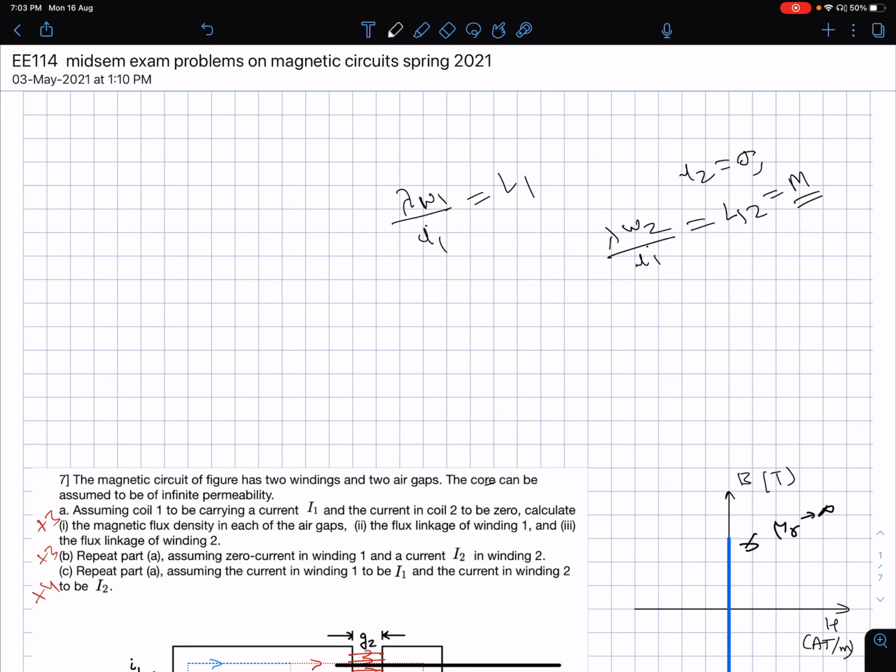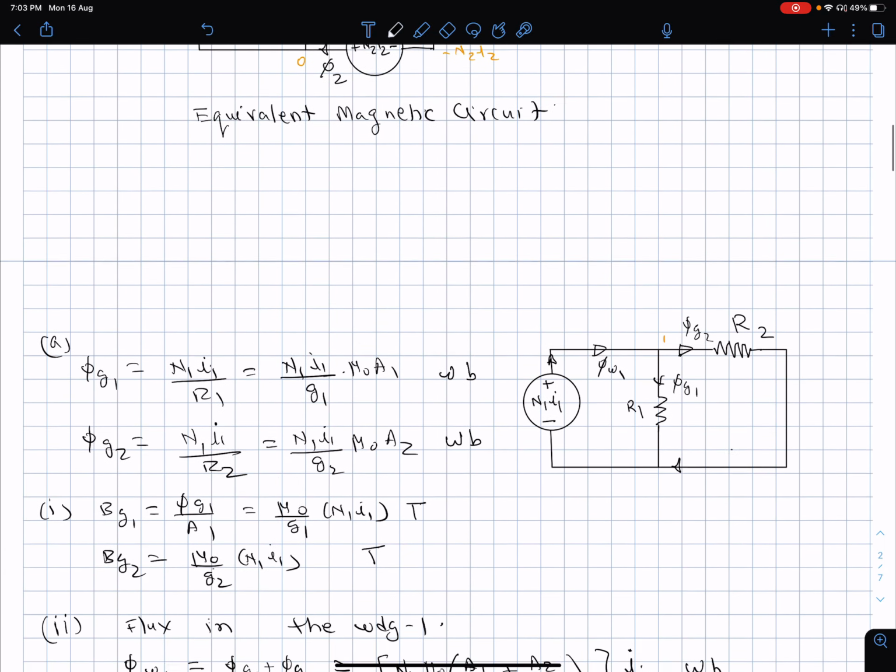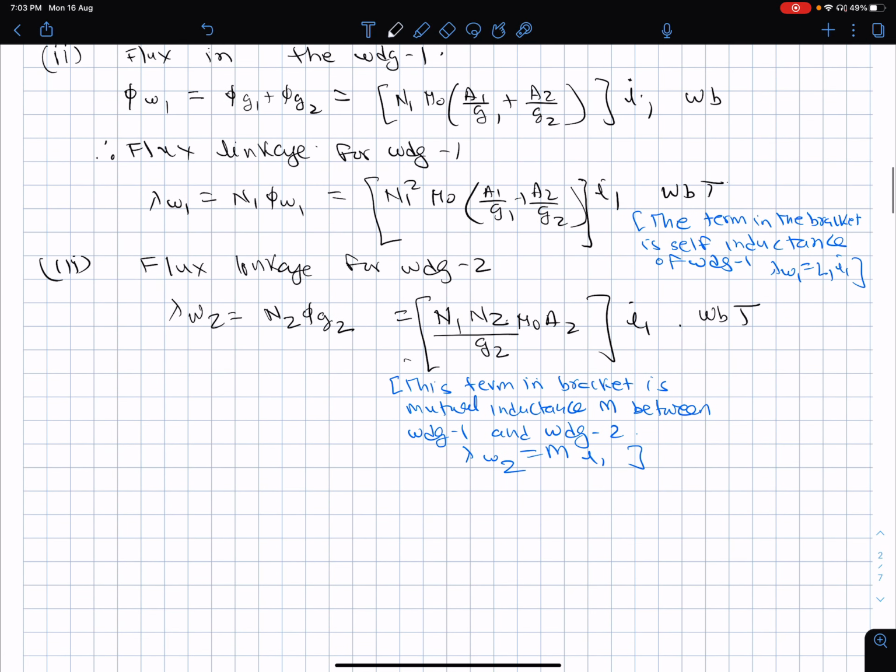In this case, there are only two coils, only one mutual inductance between 1 and 2, so we will call that M. So this term here, though not asked in this problem, is actually the ratio of phi W2 by I1, and hence the mutual inductance.